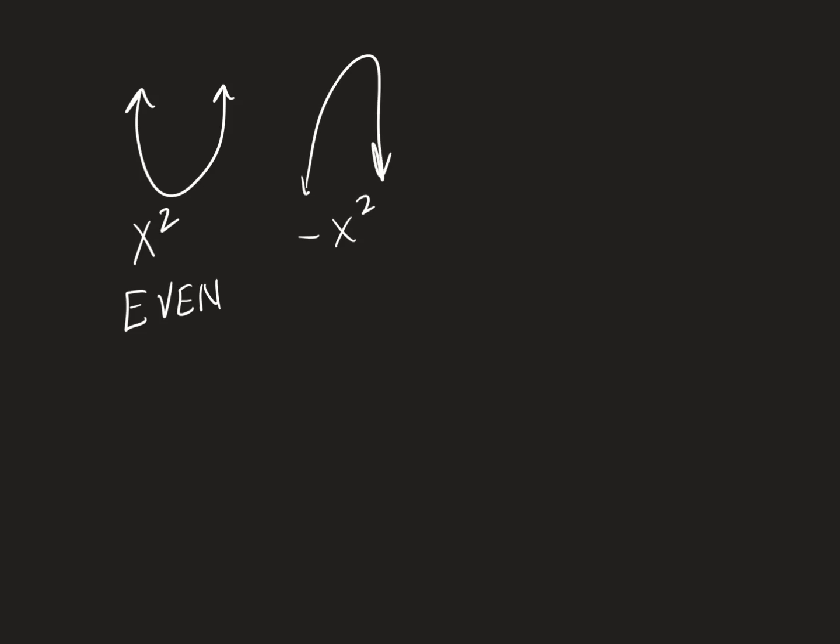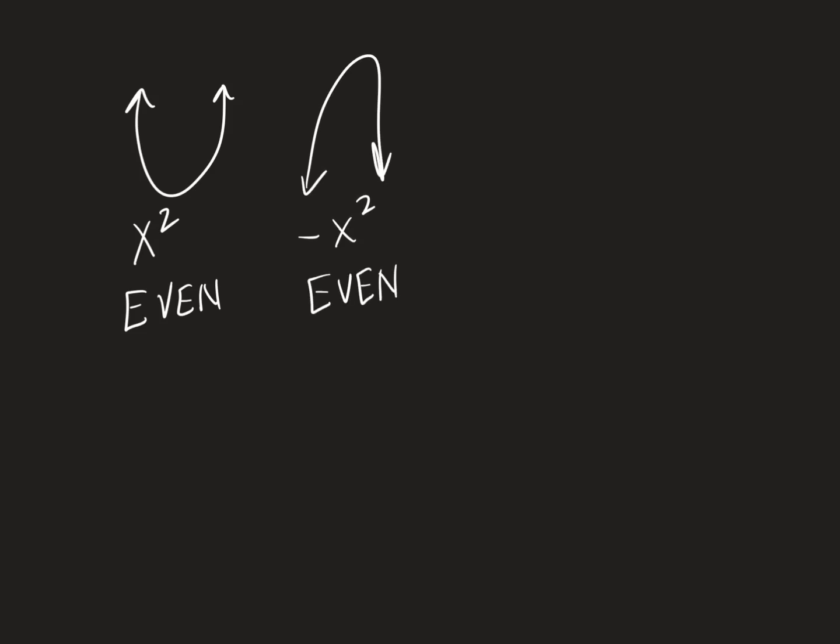So we know a quadratic looks like this. We know a quadratic is an x squared. Well, the thing is that anything with an even exponent will look like that. Anything with a negative x squared looks like this, right? It reflects. Again, that's an even exponent.